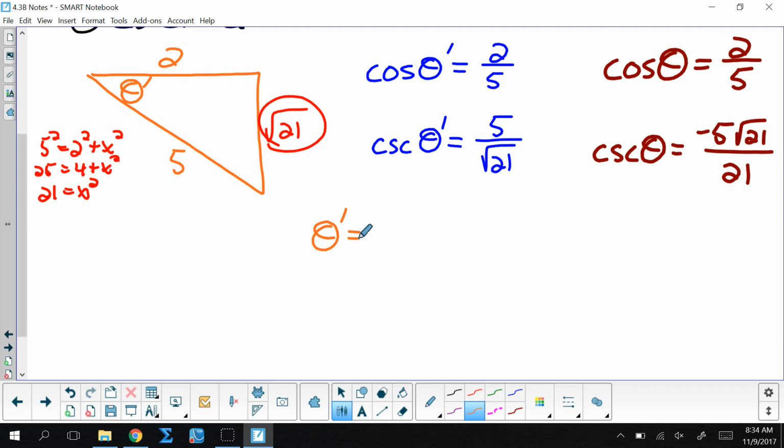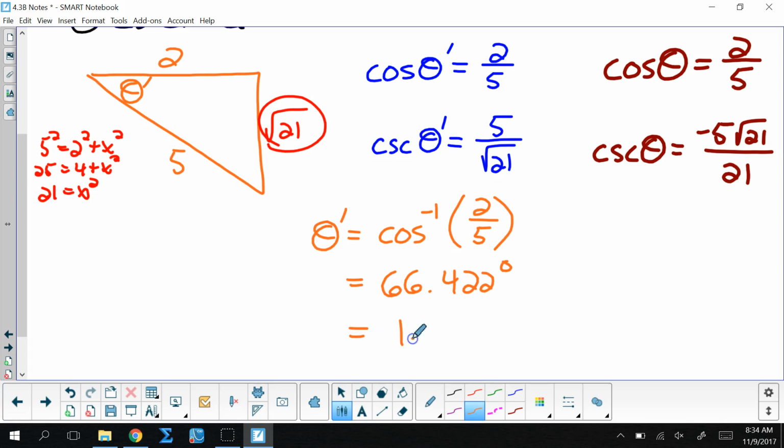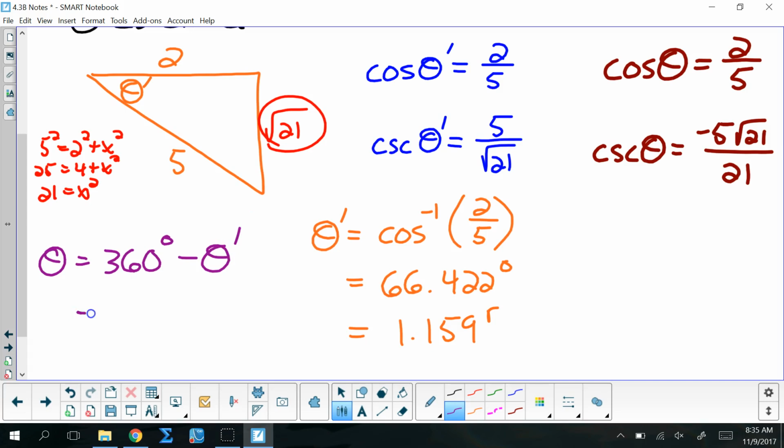Then I need to find my theta prime. So I would go with the inverse cosine here of 2/5. And that's going to be 66.422 degrees, or 1.159 radians. But because I am in quadrant number 4, actual theta is going to be 360 degrees minus my reference angle, or 2 pi minus my reference angle.